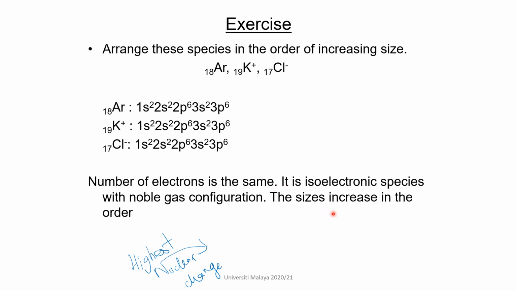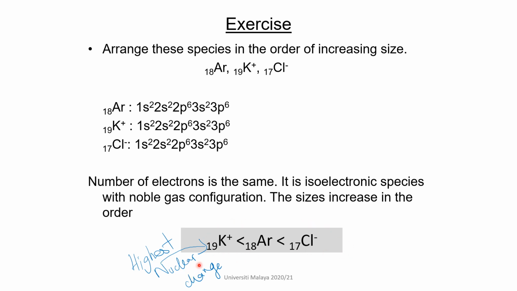The size increases in the order of potassium cation as the smallest, followed by argon gas, and the largest is the chloride ion. Please take note of the proton number possessed by each species.